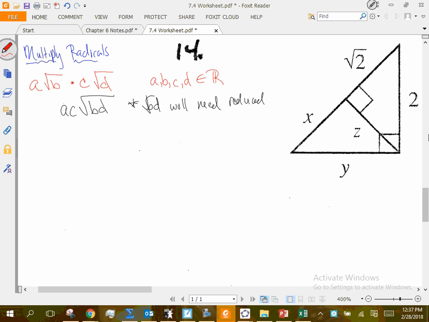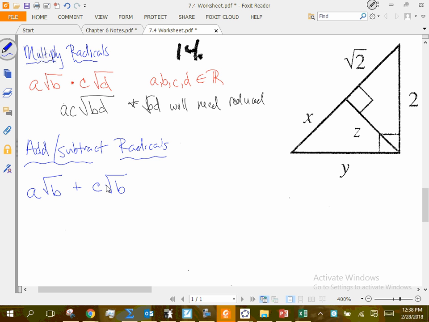If I am adding or subtracting radicals, okay, we're going to have A radical B. I'm just going to write plus because I'm just adding the opposite. That would be subtraction, so it doesn't really matter. So we're going to have A radical B plus C radical B. Okay?